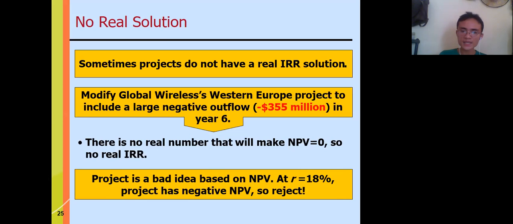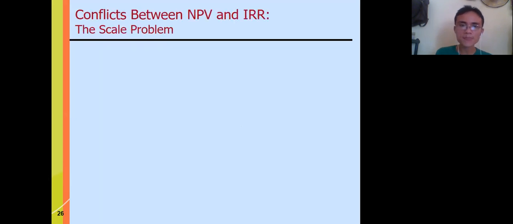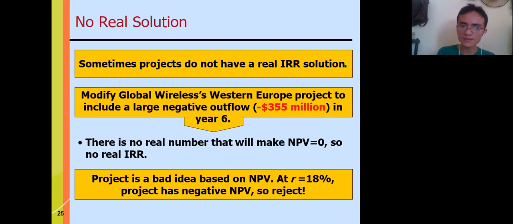The project is a bad idea based on NPV. At R equals 18%, the project has a negative NPV, so reject. Meaning our decision is that the project is bad because based on NPV it has a negative amount. So that's, again, the conflict there.